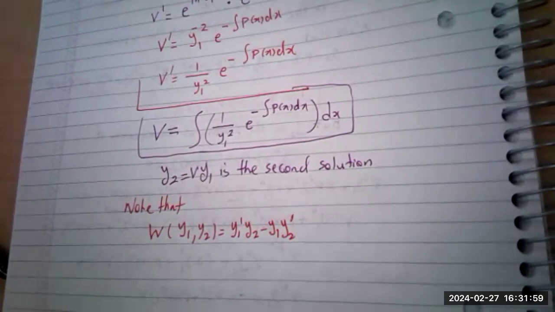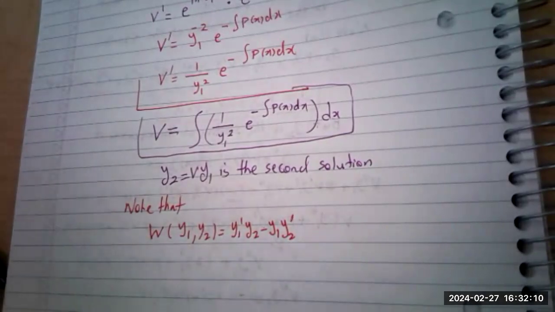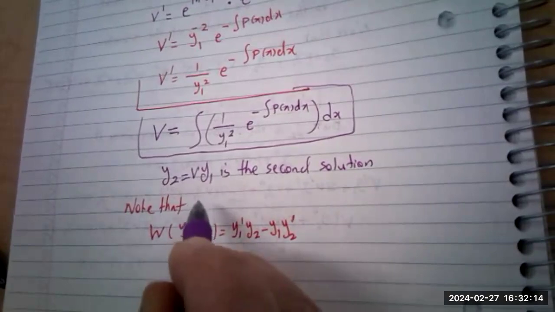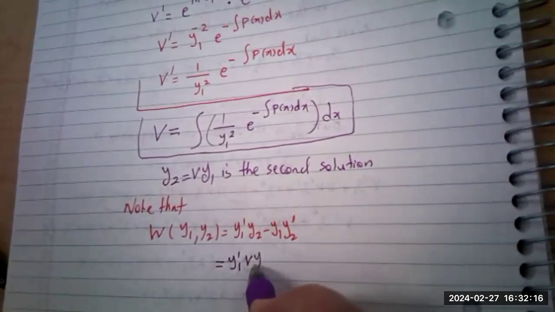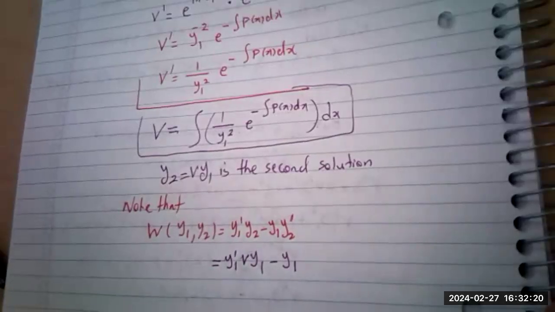Now you have to bring the derivatives that we're going to have. In this case, y1 prime is just y1 prime. The y2 is v y1, minus y1. You have to find the derivative y2 prime.